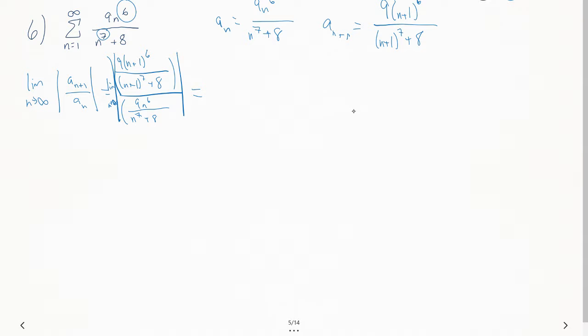Breaking this up into the parts, you have the limit as n goes to infinity. We'll break it up into two different limits.